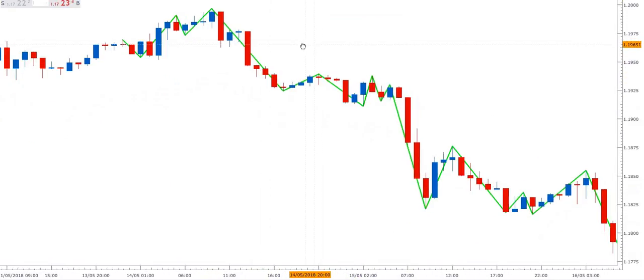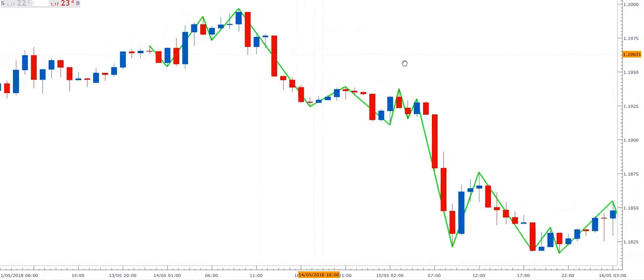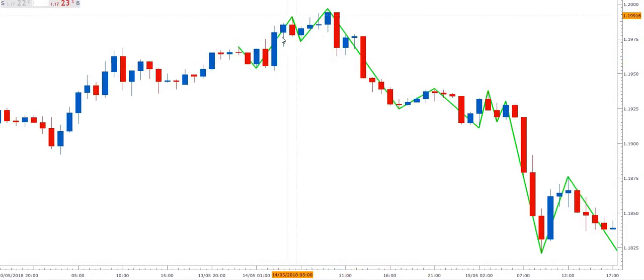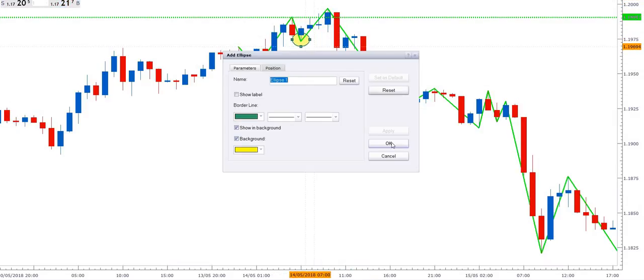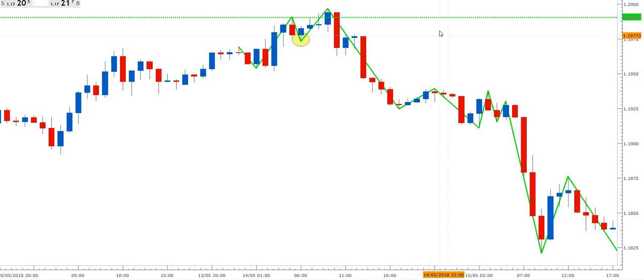I might just make that bigger. So this first movement here, we could see the price went up, then came down, then it went higher, made a new high. So this candle here breaking a new high tells us that this low here is a significant area for us.